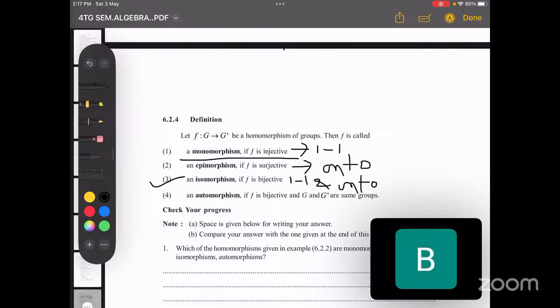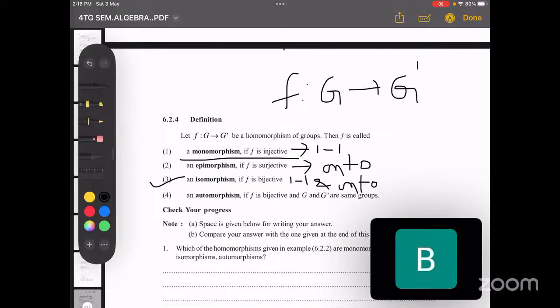Next, the fourth one is an automorphism, if f is bijective and G and G' are the same groups. Here we have a mapping from G to G'.